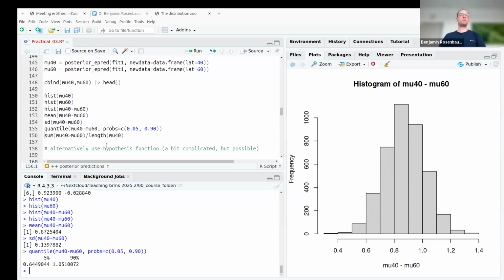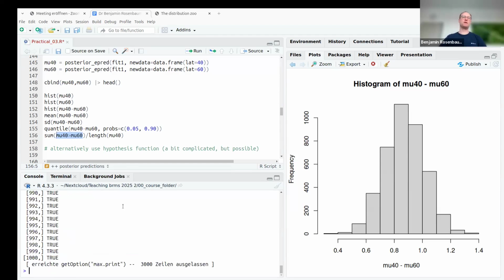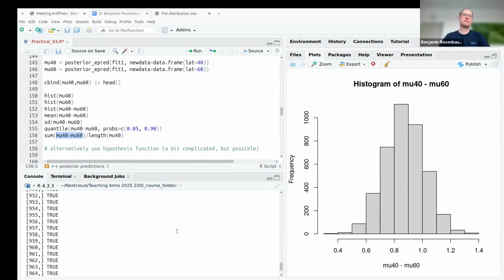If you want to calculate the probability, you just have to count. We can also use a fancy brms function, but you can also just count. So by specifying mu40 larger than mu60, you get a vector of true or false. So this is true whenever this condition is satisfied.